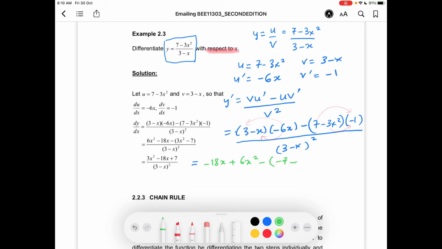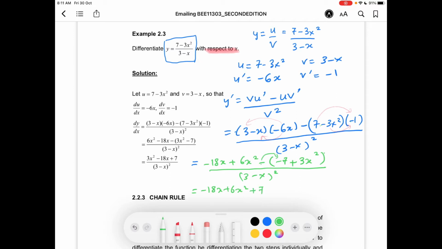This is negative minus negative times negative, we should get positive 3x squared, over 3 minus x squared. So we just need to combine, minus 18x plus 6x squared.